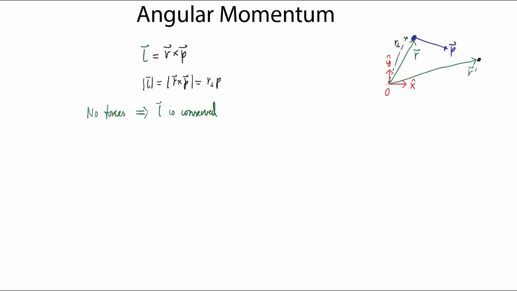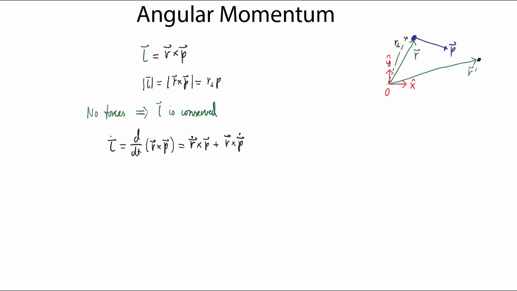We can see this more formally as well if we look at the time derivative of the angular momentum vector, L dot, that is d/dt of r cross p. So that's going to be r dot cross p plus r cross p dot.